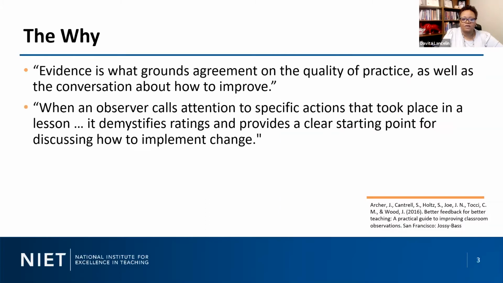So, why must we engage in an observation process that includes the collection of evidence? Let's explore the why and reflect on this quote. If research states that evidence is what grounds agreement on the quality of a practice, as well as the conversation about how to improve, and then when an observer calls attention to specific actions that took place in the lesson, it begins to demystify those ratings and provides a clear starting point for discussing how teachers can actually implement that change.